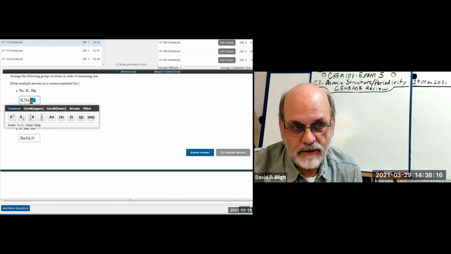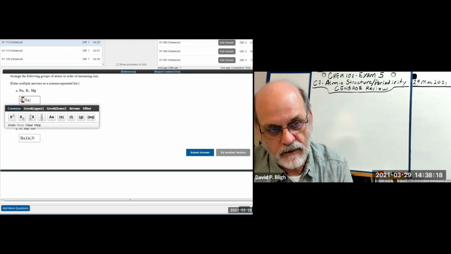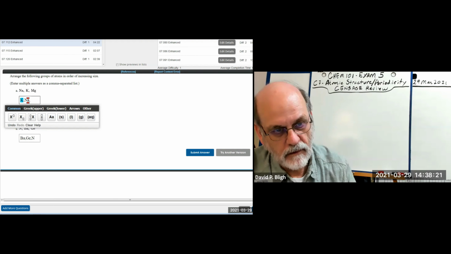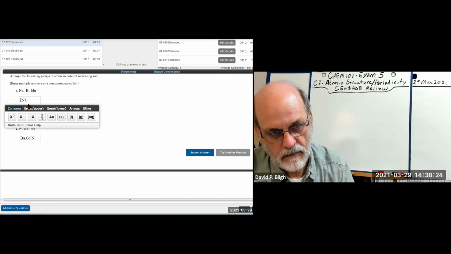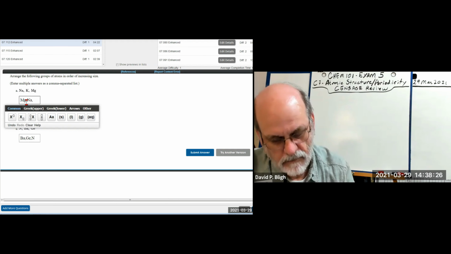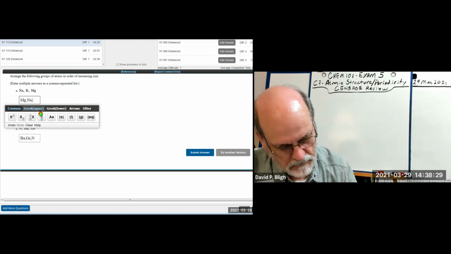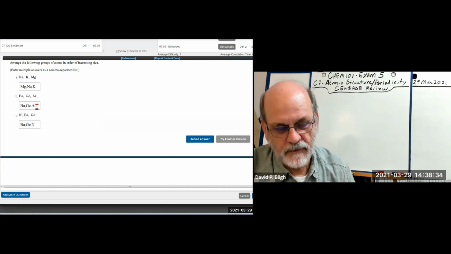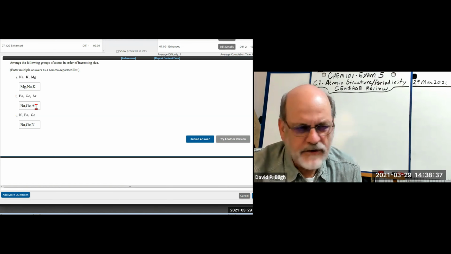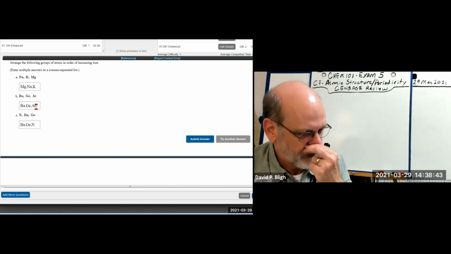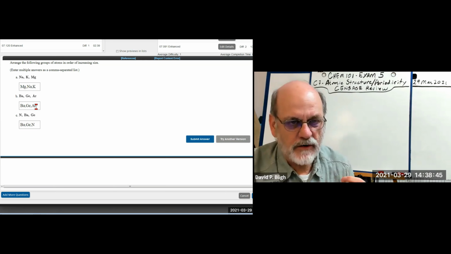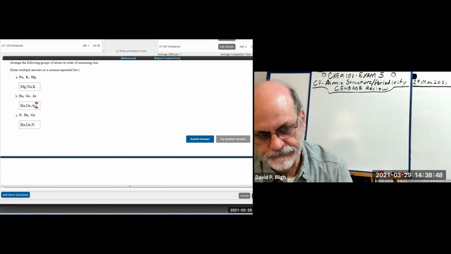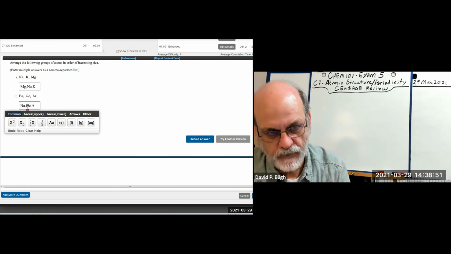I've got to put magnesium over here. There we go. And then I'm going to reverse this one. So my question is, argon's a noble gas. It should follow that trend. So argon's going to be the smallest one. Barium will be the biggest one.